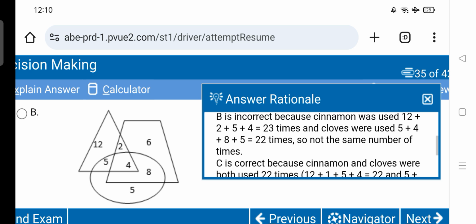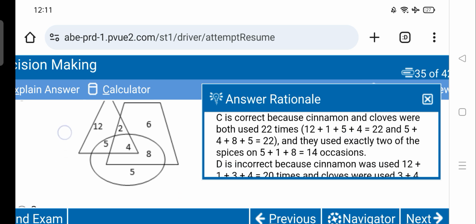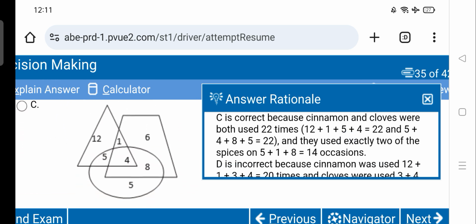B is incorrect because cinnamon was used 12 plus 2 plus 5 plus 4 equals 23 times, and cloves were used 5 plus 4 plus 8 plus 5 equals 22 times. So note, not the same number of times. And C is correct because cinnamon and cloves were both used 22 times.